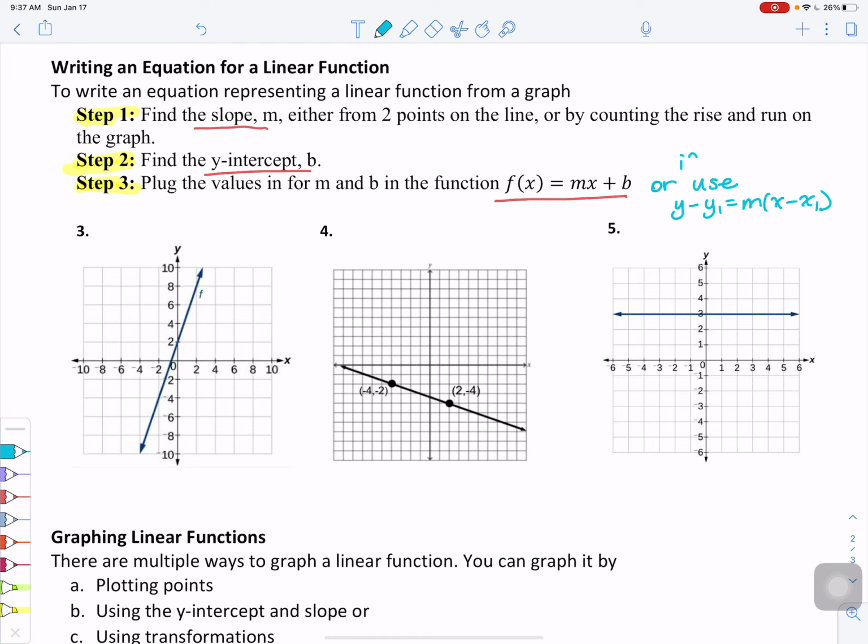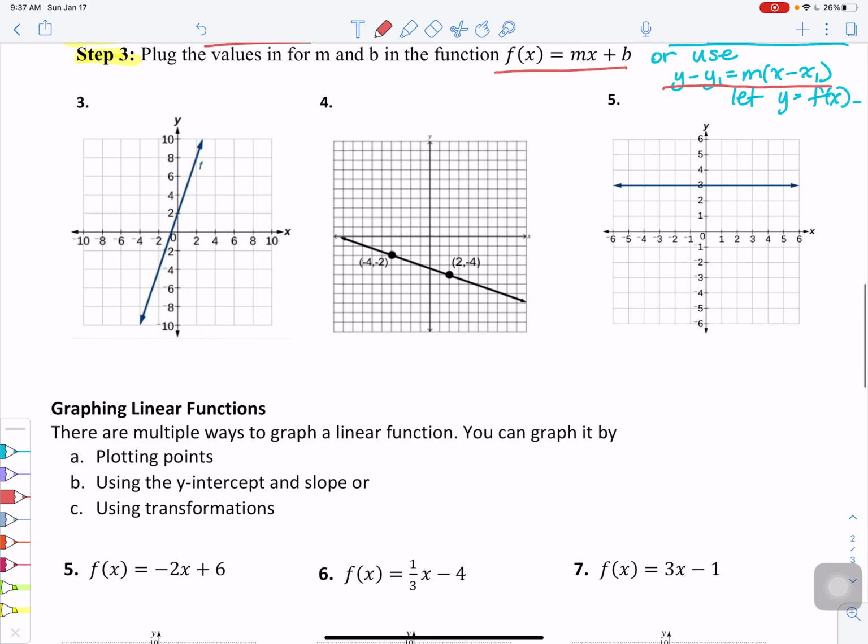This would be if the y-intercept isn't clear, and that's the point-slope form of a line. And then, of course, we'll let y equal f of x, since we're writing functions and not just equations. So whatever you get for y above, we'll let that equal f of x. I'll underline that.